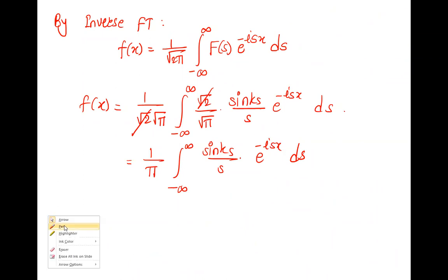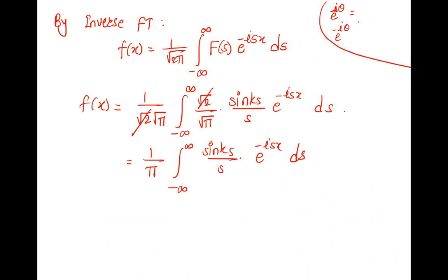What can you do? We have the formula for e raised to I theta and e raised to minus I theta. What is e raised to I theta in terms of cosine? Cos theta plus I sin theta. And e raised to minus I theta is cos theta minus I sin theta.